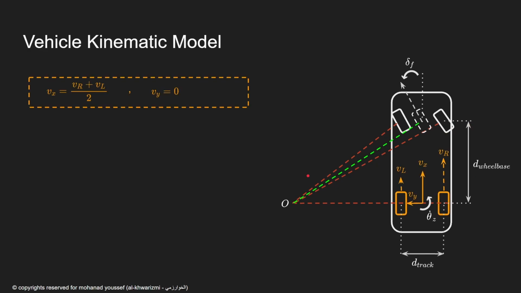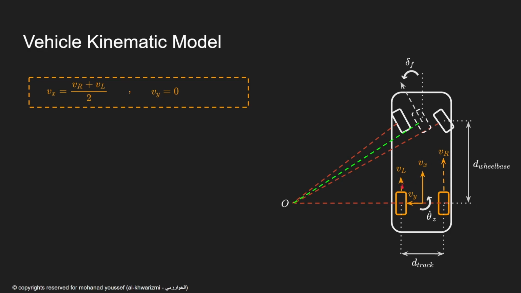So let's derive the first model. To come up with the vehicle velocity, we can take the average of the right and left wheel. So the average is the summation over 2.